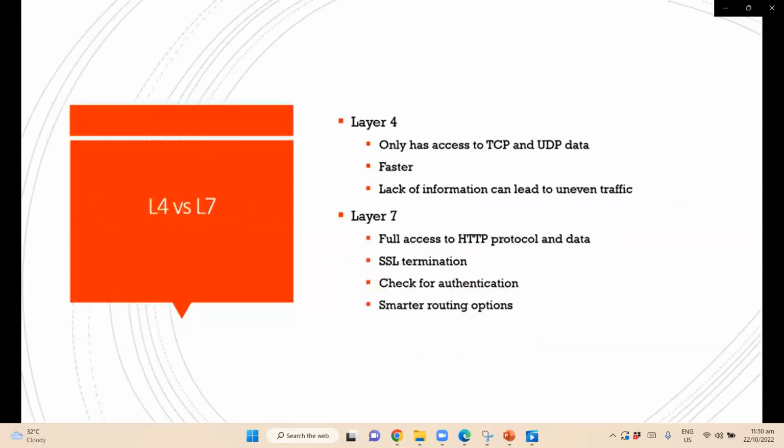There's two main types of load balancer, which is layer 4 and layer 7. Layer 4 is simpler, it has access to less data, and as a result it's faster because it doesn't have to use as much processing power to look at each request. This can lead to uneven traffic because it doesn't have full access to the request itself, but a benefit of that is that it's good on the edge of your data center or of your network, because it can look at the IP address.